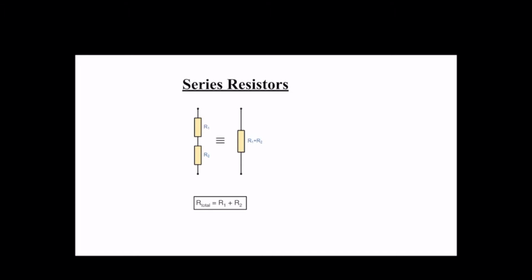Okay, so first we are going to discuss series resistors, series connections. Here we have two resistors which are connected in series. The basic thing we need to understand is how you can identify whether particular elements are connected in series or not.